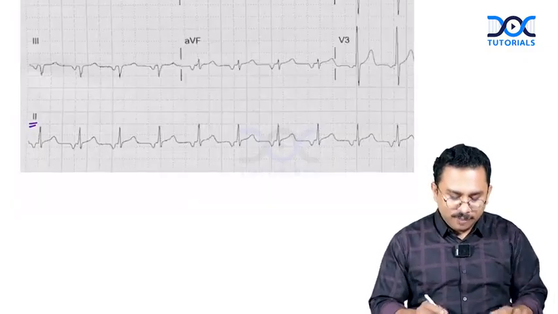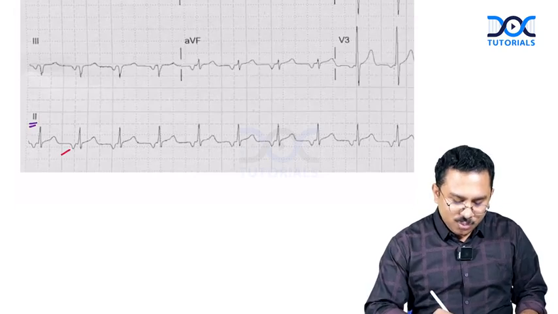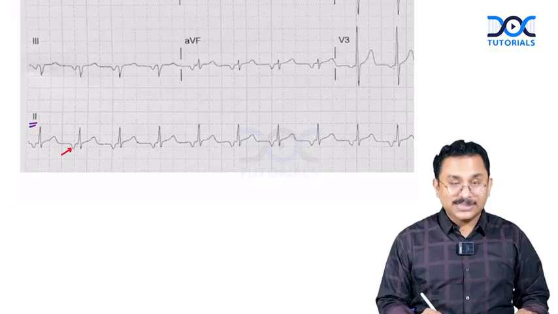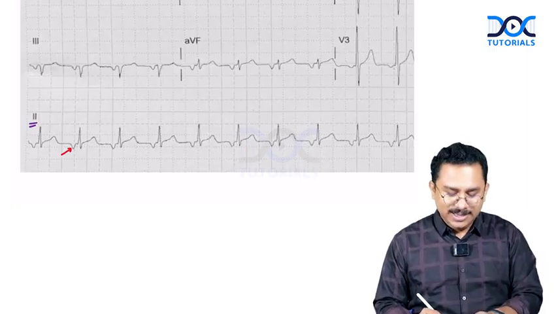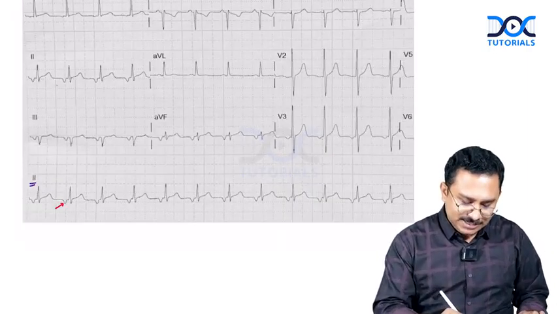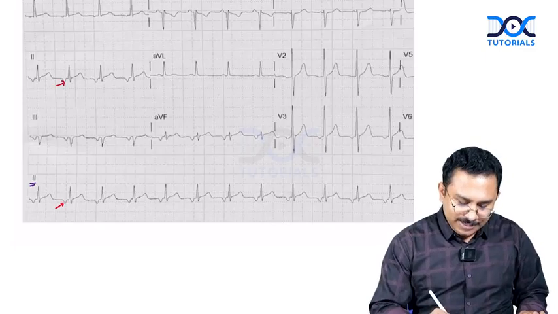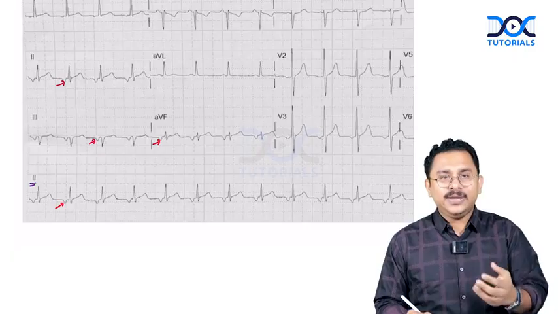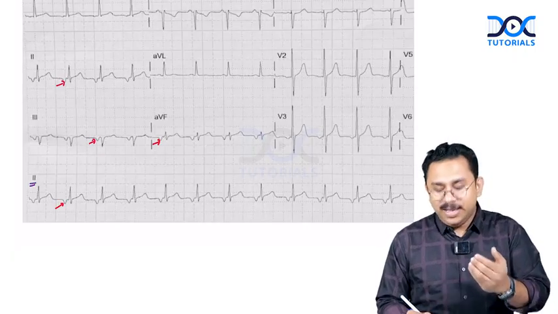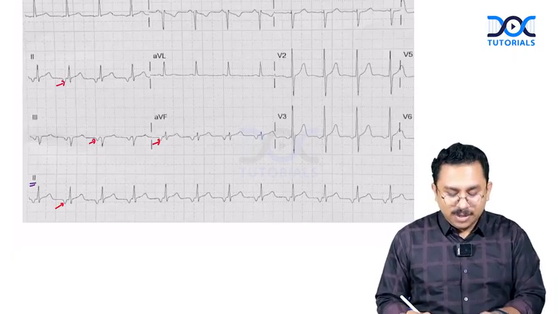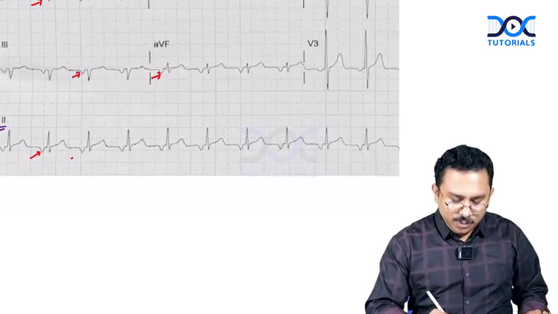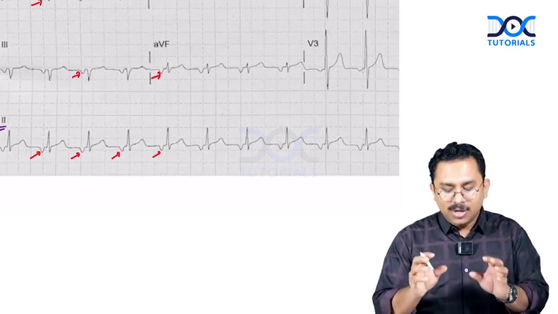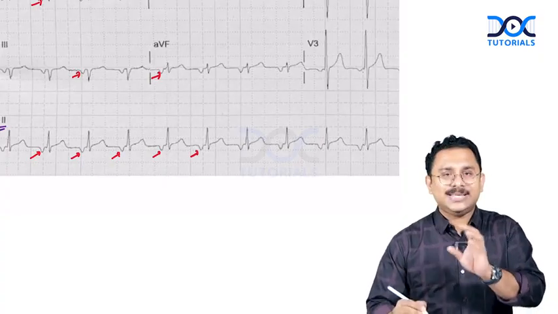Here you get an abnormal morphology of the P wave: it is inverted. You can see in all the inferior leads, lead 2, lead 3, and lead AVF, the P wave is inverted. If you scan through the entire rhythm strip, you can see that all the P waves appear similar.